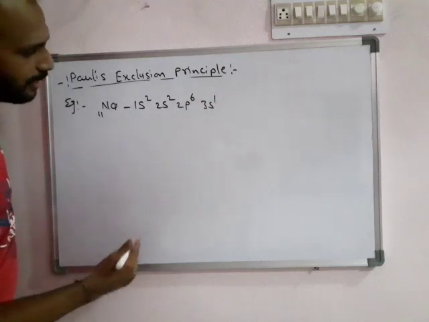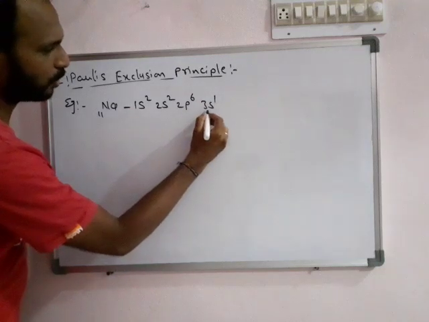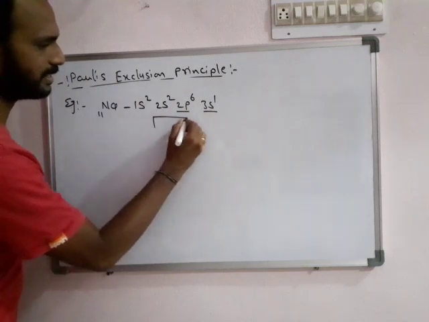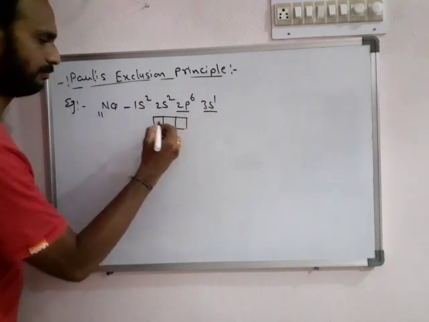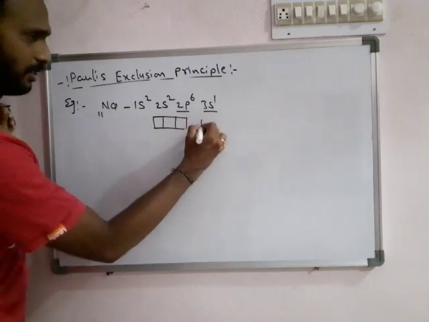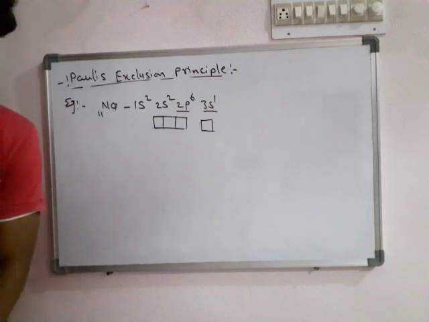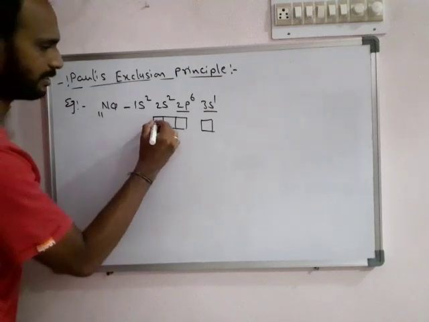So we are comparing the quantum numbers of this electron and this electron. So 2p6 means there are 6 electrons present in 3 orbitals totally.